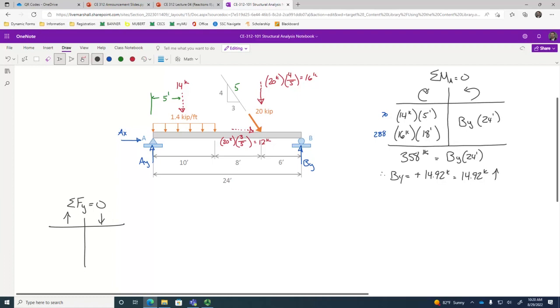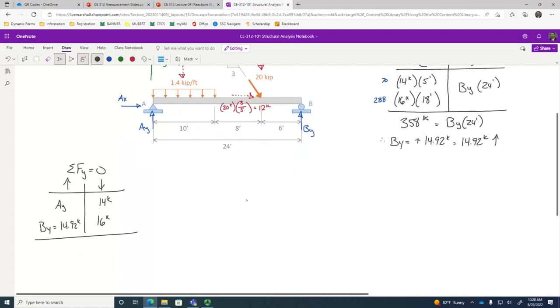Okay, all right. So we have AY going up, we have BY going up, but we know what that is. It's 14.92 kips. And then going down, 14 kips, 16 kips. So, scooch down a little bit. So AY plus 14.92 kips is 30.